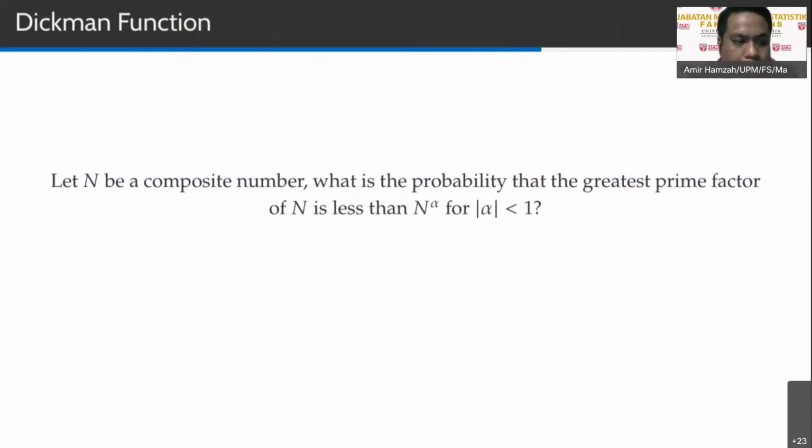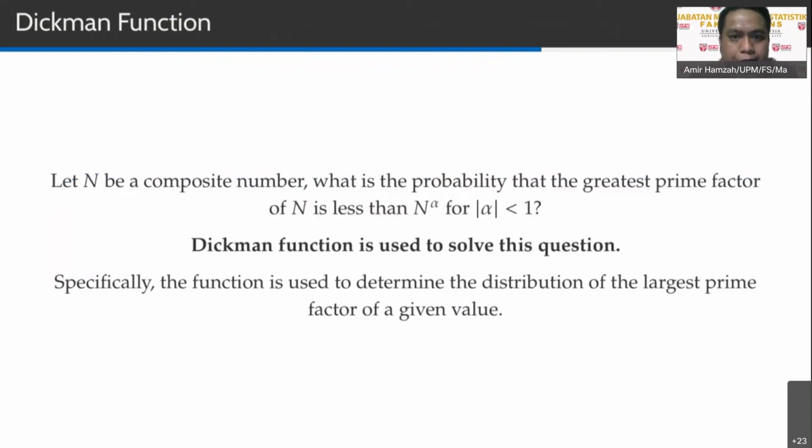This is quite an old function, introduced in 1930. It can be used to answer this question: let n be a composite number, what is the probability that the greatest prime factor of n is less than n to the alpha for alpha less than 1? Specifically, this function is used to determine the distribution of the largest prime factor of a given value. So we use the Dickman function as a tool to redefine our success appetite.